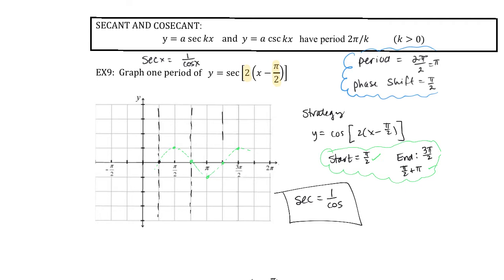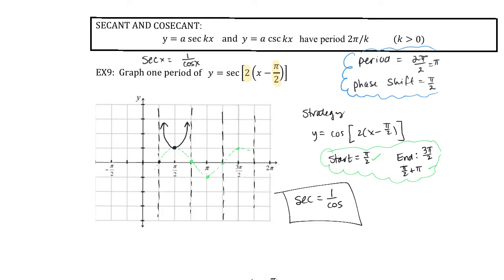Okay, so now we get our asymptotes, put those in, and now we're thinking, what would be the reciprocal? What's the reciprocal of 1? 1.